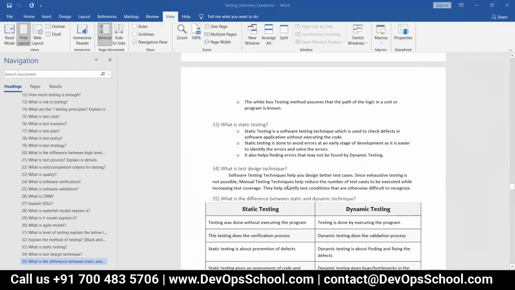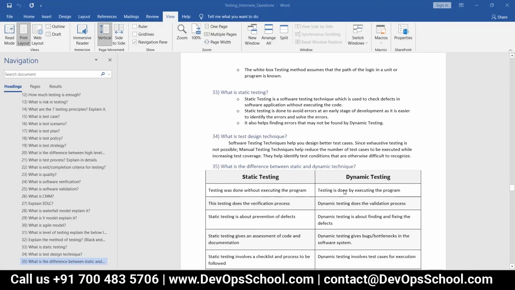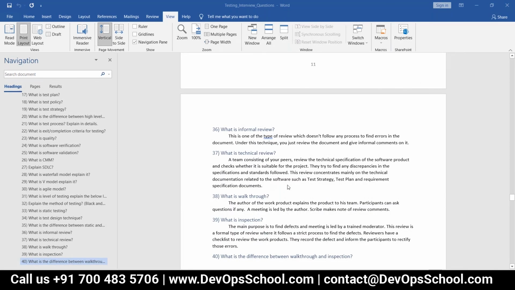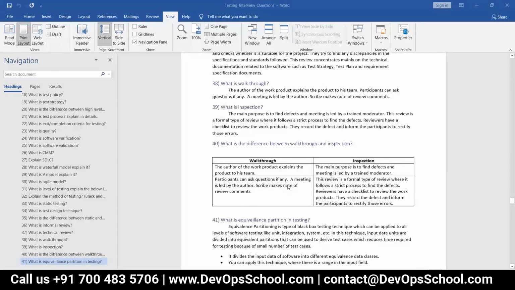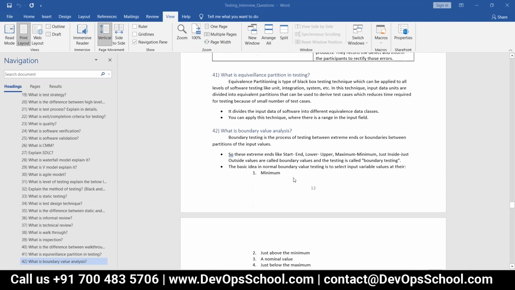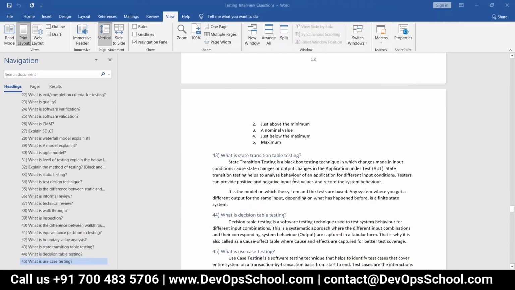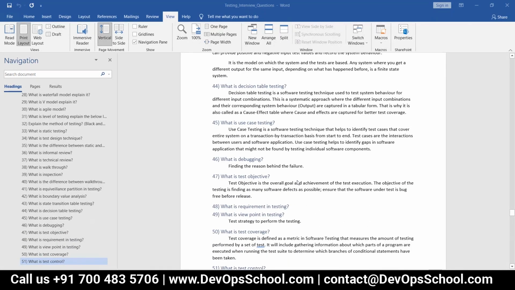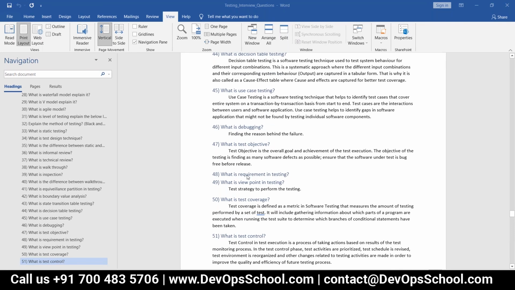Static test design techniques, static and dynamic differences, informal review and technical review, walkthrough and inspection, equivalence partitioning, boundary value analysis, state transition table, decision table, use case, debugging, test objective. What is a requirement in testing, I didn't get the exact thing.